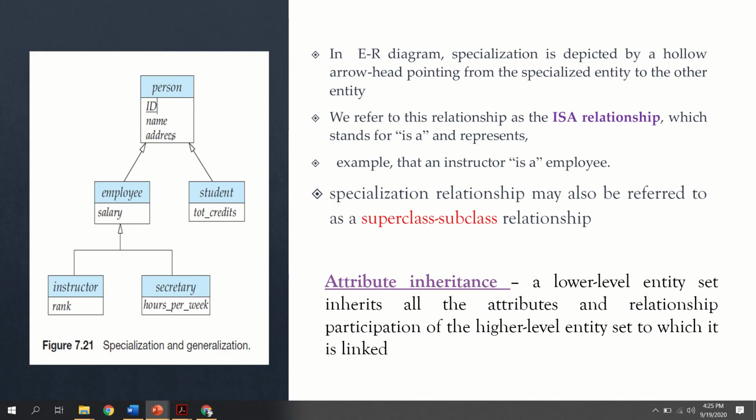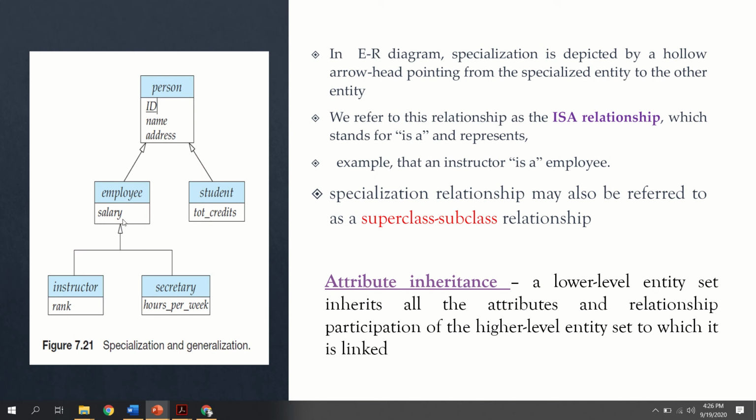Then we divide it into two subgroups, the employee and student. Employee has an additional attribute. Already he has these three attributes, but additionally he has salary, which differentiates an employee from the other entity called student. That is one subgroup, and the other subgroup is the student, which has a special attribute, total credit.